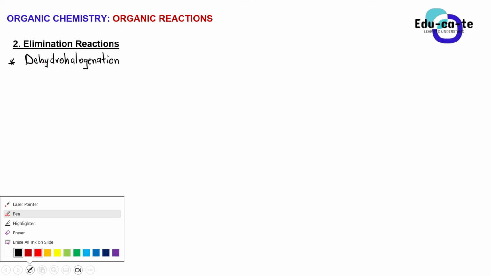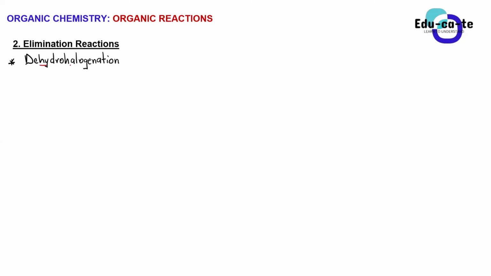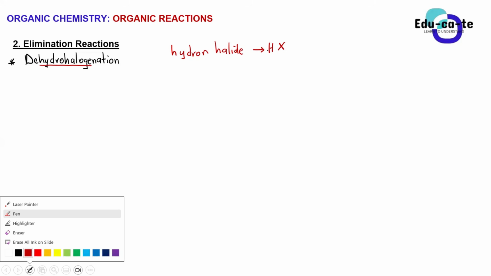Remember, in hydrohalogenation, we are adding a hydrogen halide. I told you that a hydrogen halide is simply a hydrogen that is bonded to a halogen atom. This halogen can be anything, bromo, chloro, fluoro.